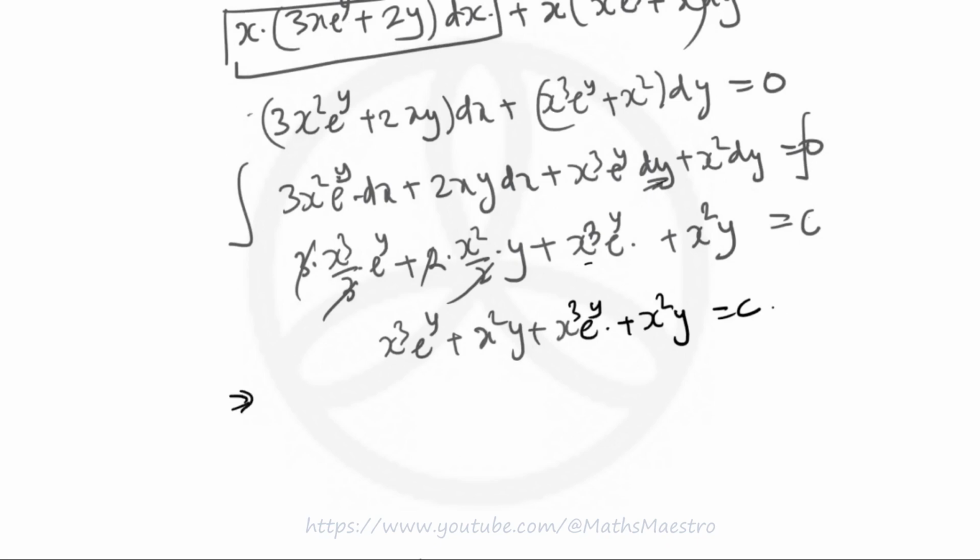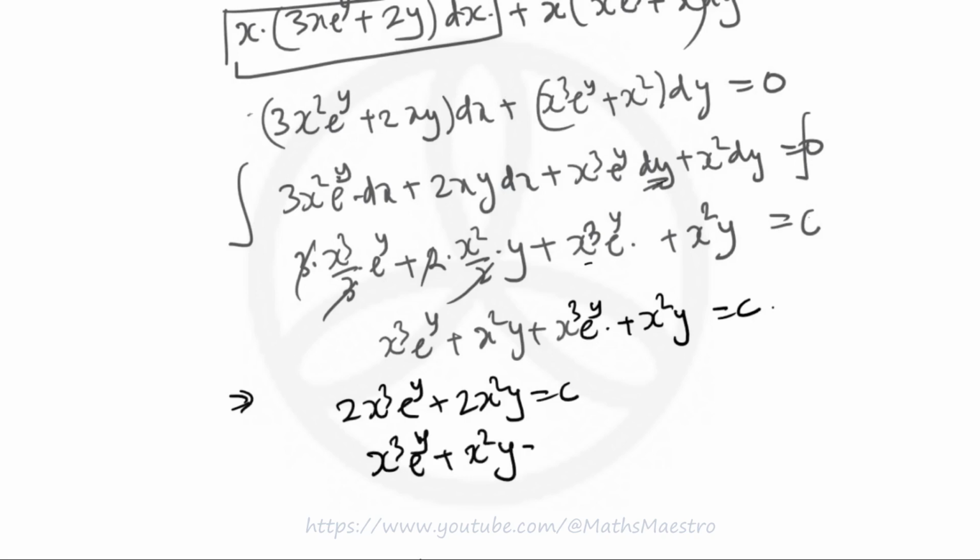So you can see that we have 2x³ e^y plus 2x² y is equal to c. If we divide the entire expression, the right hand side may still be a constant. I will assume it as c1, and the left hand side will become x³ e^y plus x² y is equal to c1.